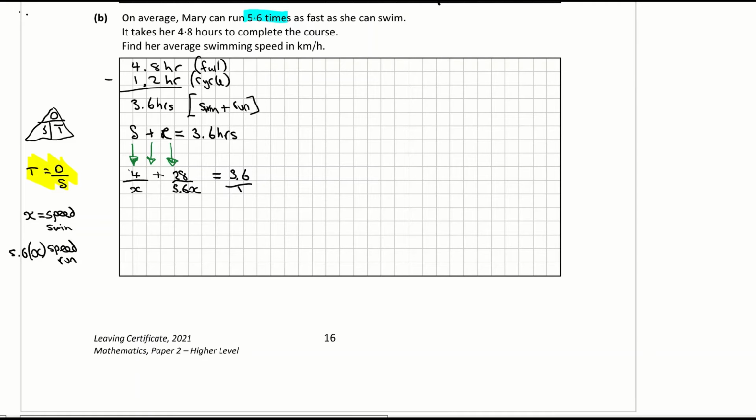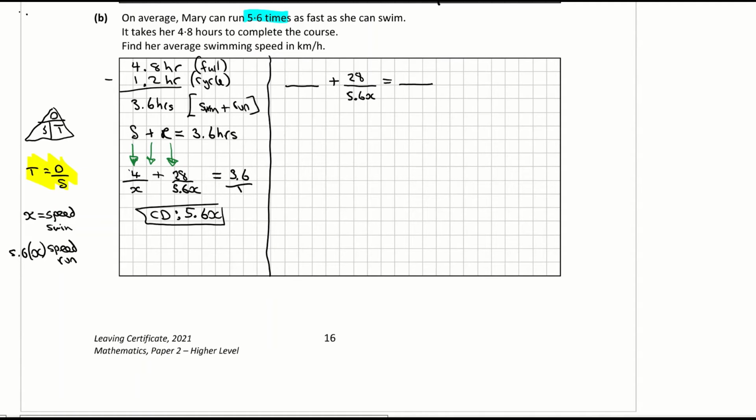And how do we solve algebraic fractions? Basically, I need to find my common denominator, and my common denominator here is going to be 5.6x. I'm just going to rewrite my three fractions, so my first one plus my second one equals my third one. Now the middle one is already over 5.6x, so I'm not doing anything to that one, so it just stays as 28 over 5.6x.